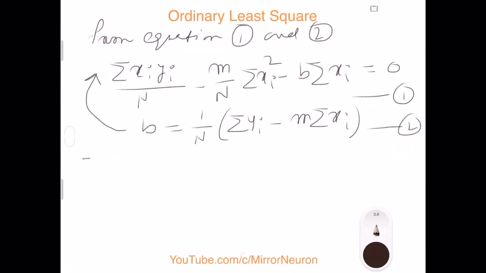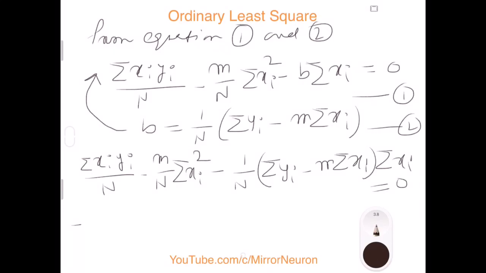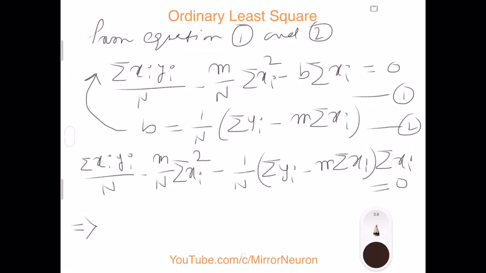So what I will get is summation of xi yi over n minus m over n summation of xi square minus 1 over n times summation of yi. This is the b value we have collected, times summation of xi, and this is equal to 0.